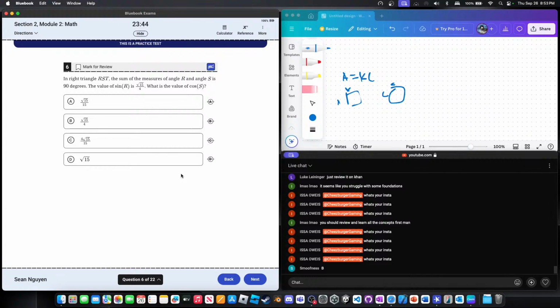Oh, so T is 90 degrees here. And then RS is 90 degrees. TRS, okay, and then RS is going to equal 4. Hypotenuse. And then our opposite is going to equal root 15.